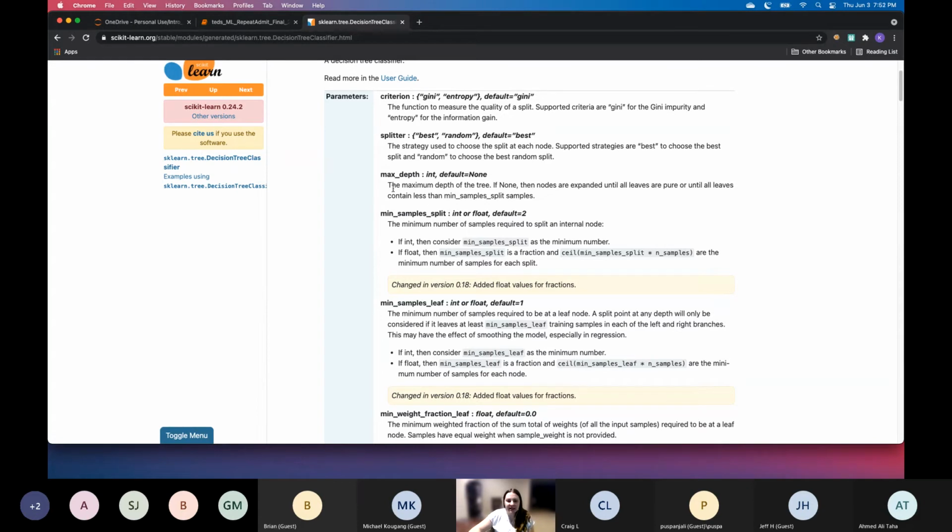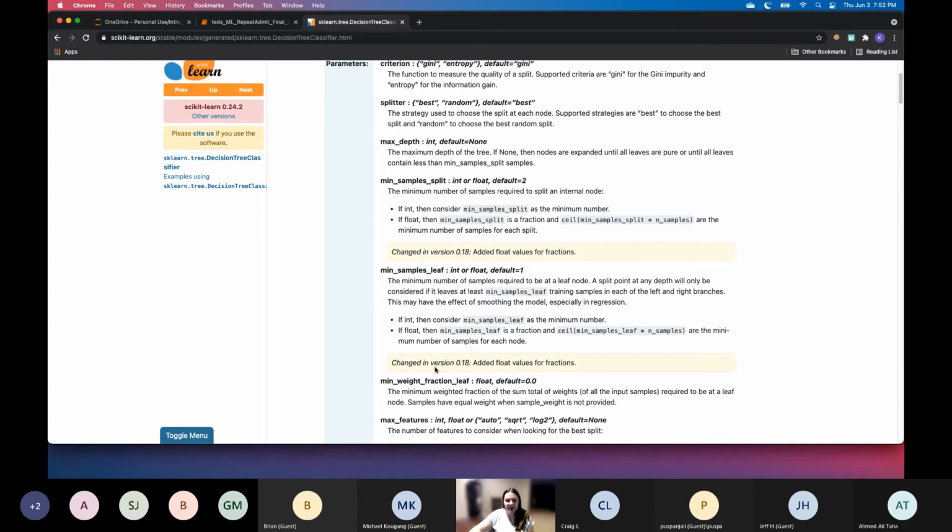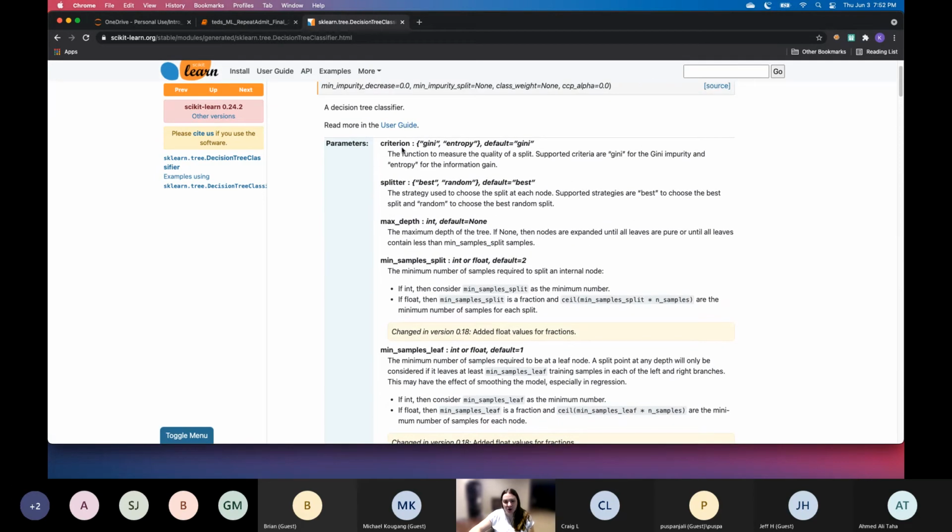But you can see a pretty clear explanation for most of these in here. I will often do more Googling, but you're going to get a very succinct and clear synopsis always in the documentation. Scikit-Learn is awesome with this. And you can see up here your criterion, Gini versus Entropy. Remember, we talked about that as a hyperparameter.